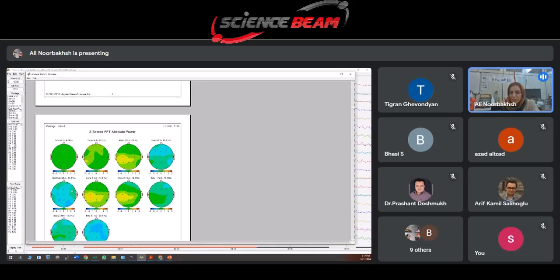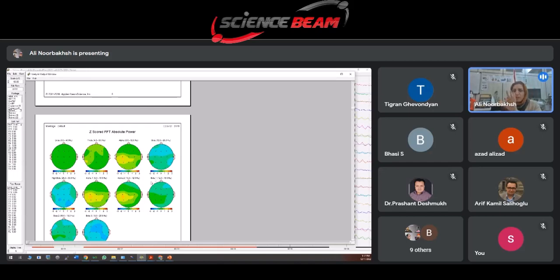Now we can see the detail of the brain wave. High beta, alpha 1 and alpha 2. You can see 2 alphas in this page, alpha 1 and alpha 2.